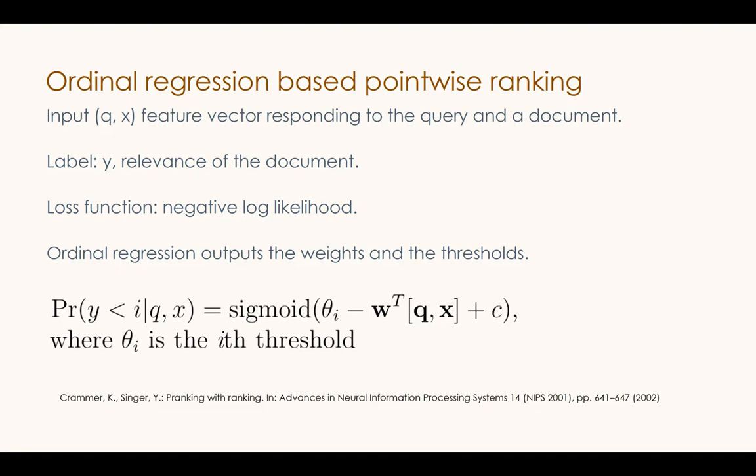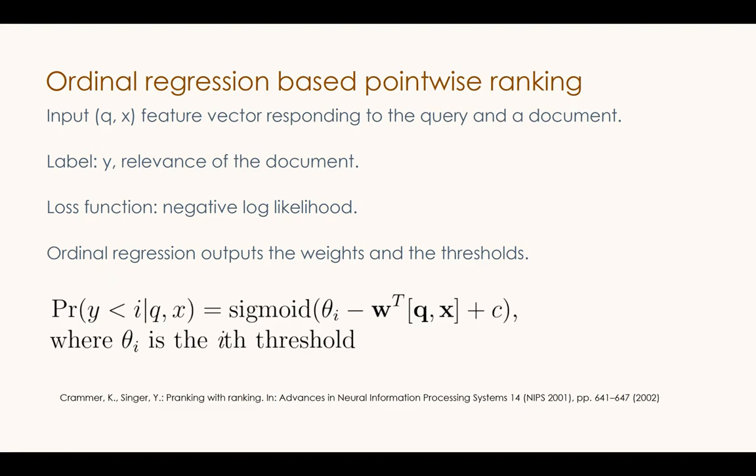The output is two things: one is the weights, the other is a set of thresholds. You can think of a line where the thresholds divide the line into different segments, and your score will be in one of these segments. The segment is the class, and you get the probability of that particular segment.